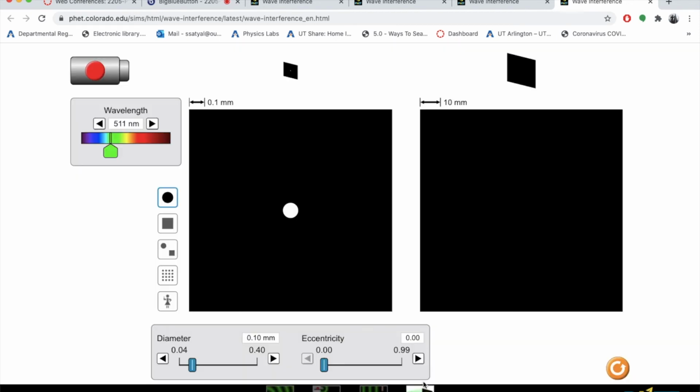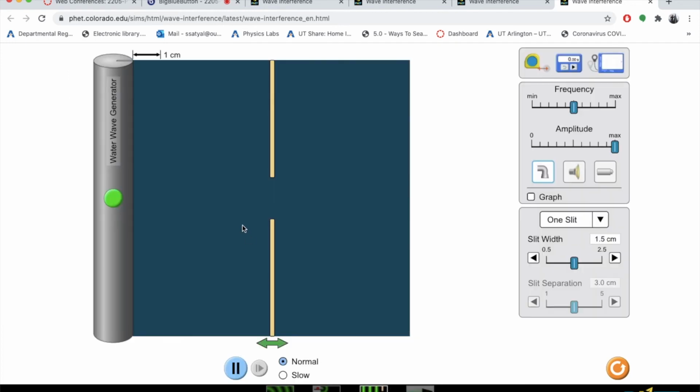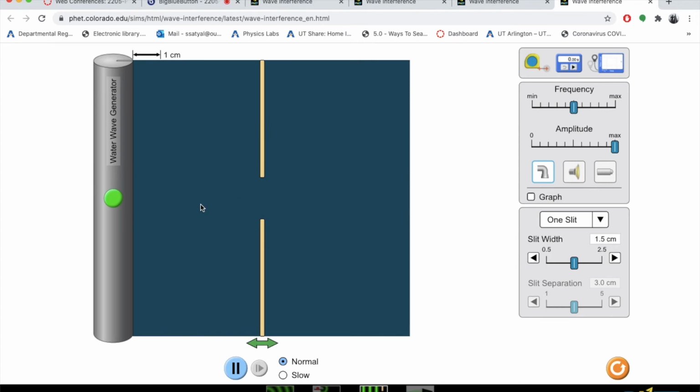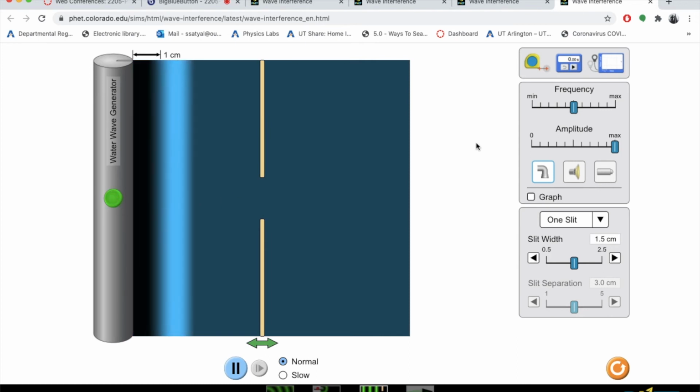So I can pick here at the bottom. You can choose between the slits and the diffraction simulation page here. We just did the diffraction one, and let's look at the slit. This is a single slit here, where I can vary the distance from the source to the slit. Turn on the light.